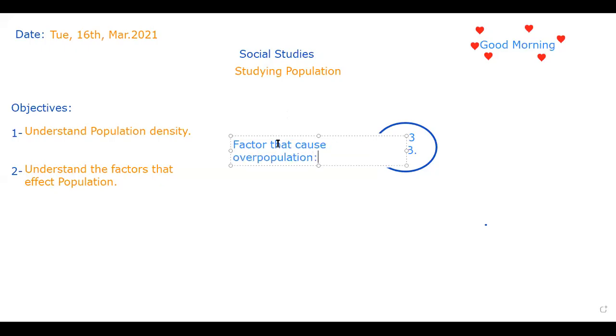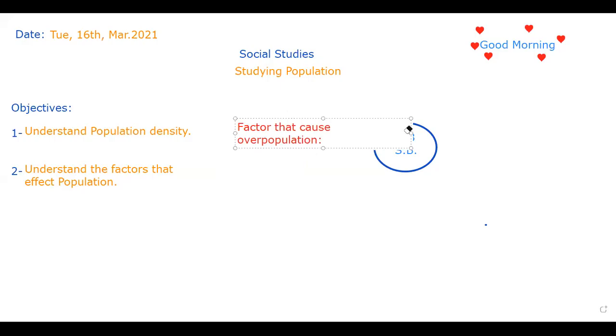What are these factors? I'll write it like this. So, number one of the factors that cause a place to have so many people in one place is number one, increase in the birth rate.